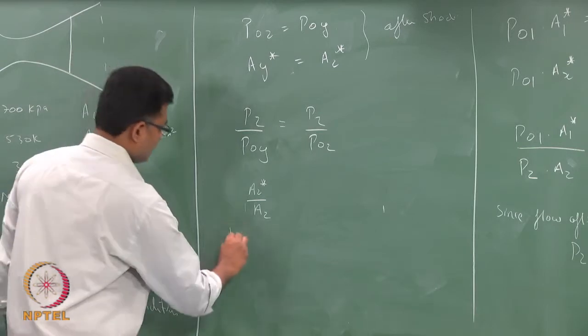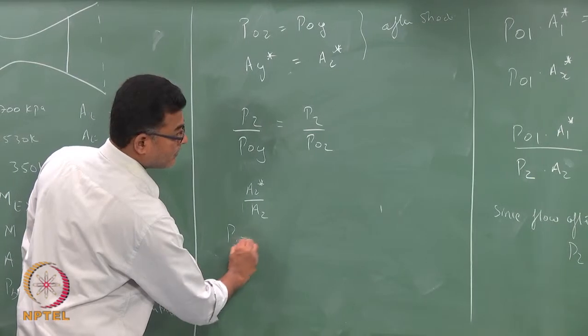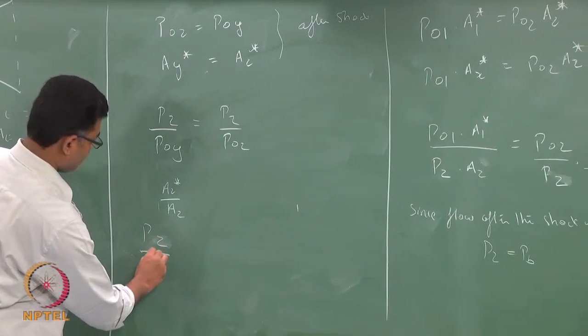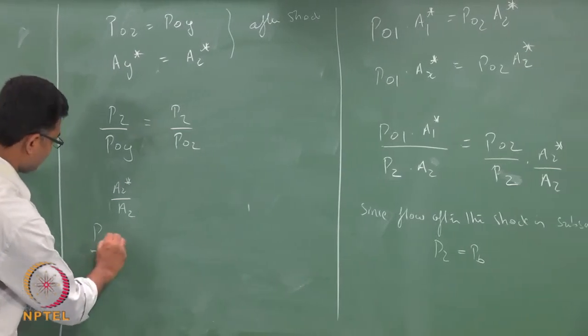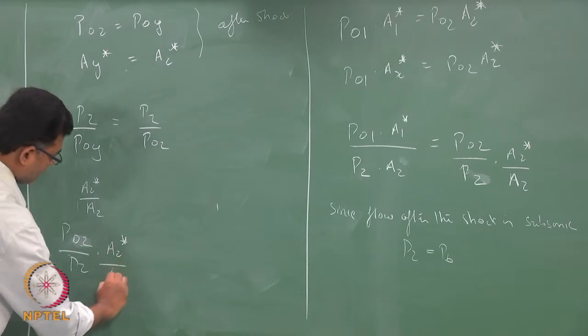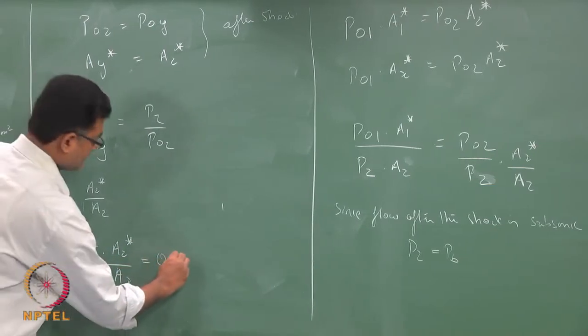Now this product, P02 by P2 into A2 star by A2, equals 0.8.